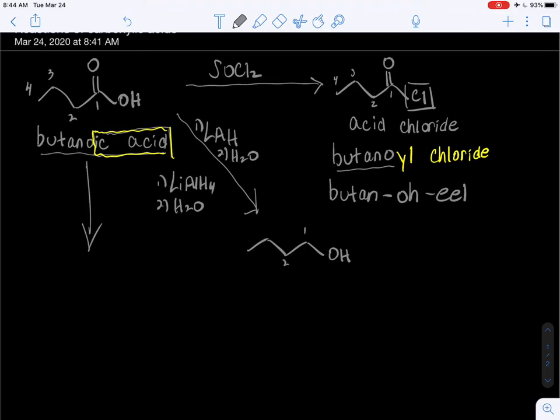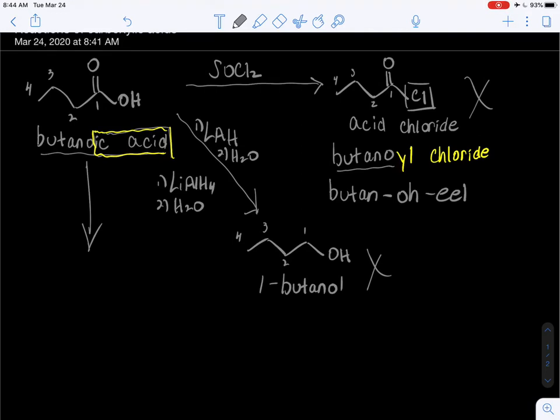It's always going to be a primary alcohol, okay? And the name of this would be 1-butanol, okay? You don't need to know the mechanism for this or this. You just need to know the synthetic procedure there.